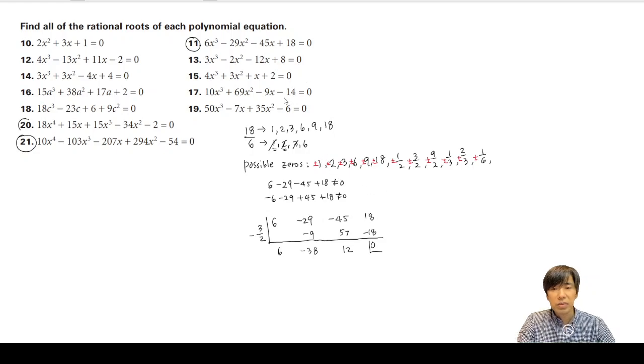So this comes down to, okay, 6x cubed minus 29x squared minus 45x plus 18 is equal to 0. And this thing comes down to x plus 3/2 times, use these as coefficients of quotient. So that's 6x squared minus 38x plus 12 is equal to 0.